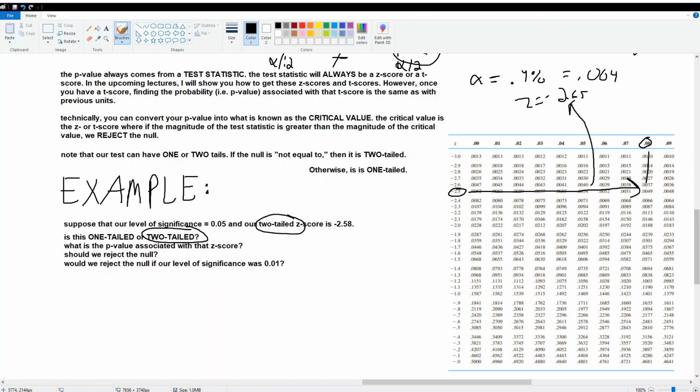See where they line up? 0.0049. Now, should we reject the null? We reject the null if our p-value is below the level of significance. 0.0049 is less than 0.05, so we reject.